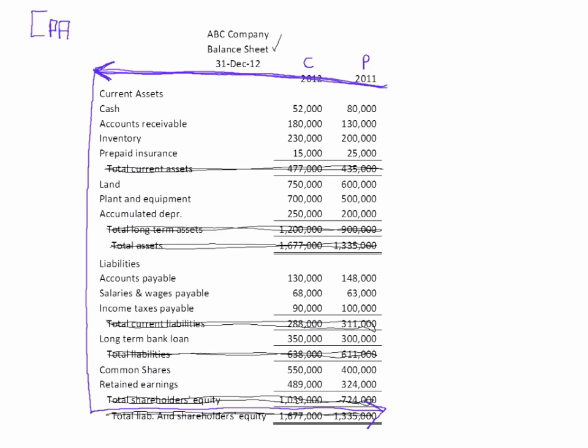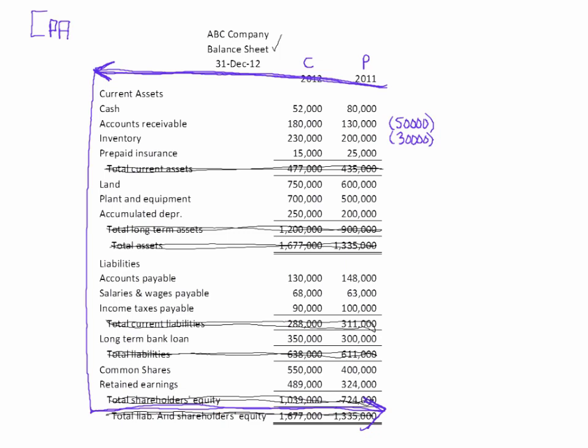And the next item is accounts receivable. 130,000 minus 180,000 is negative 50,000. Everybody agree with that? Nice. All right. So if we keep going with that, inventory 200,000 minus 230,000 is negative 30,000.